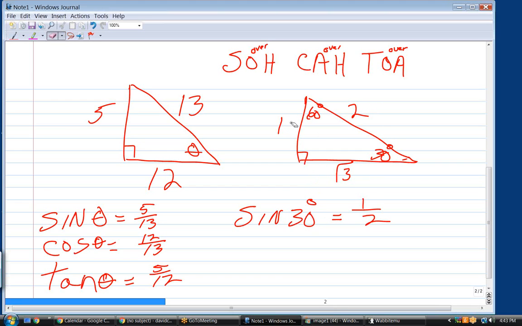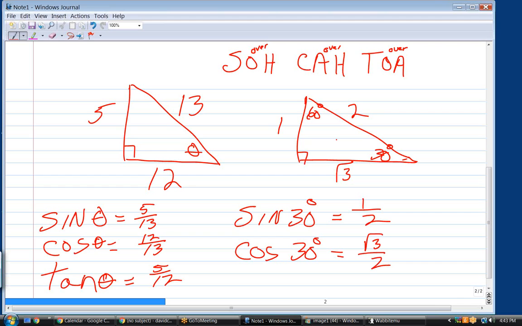Obviously, sine of 30 is 1/2. Cosine of 30 is what? Cosine of 30 would be 2 over square root of 3. The other way around. Remember, the hypotenuse is always the bottom. So it's square root of 3 over 2.